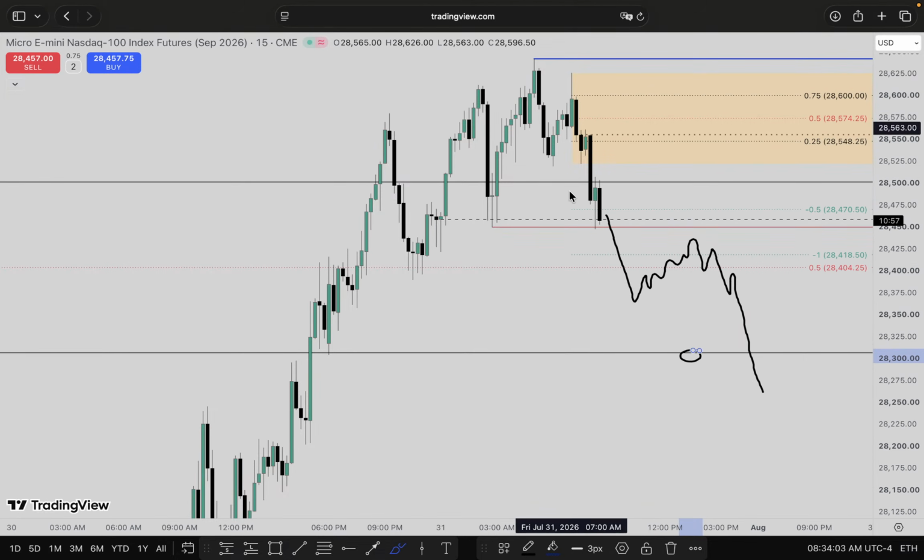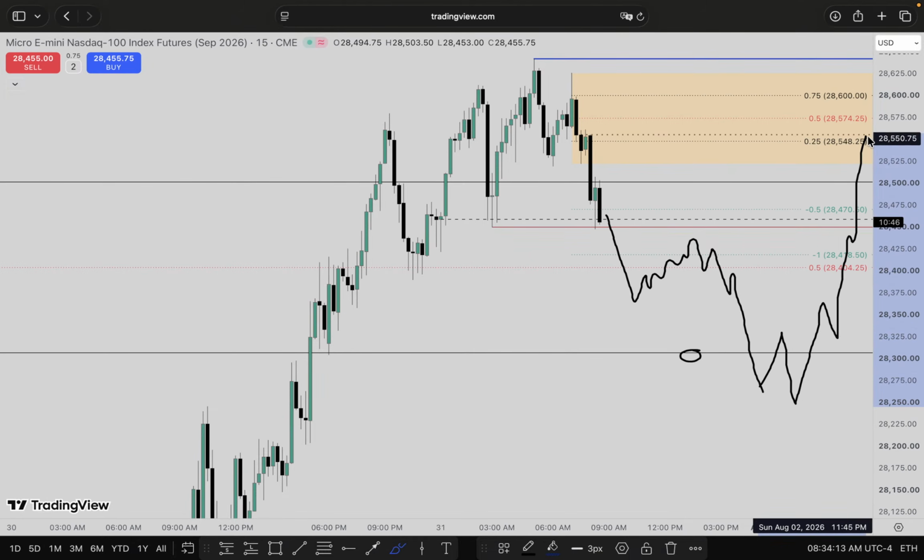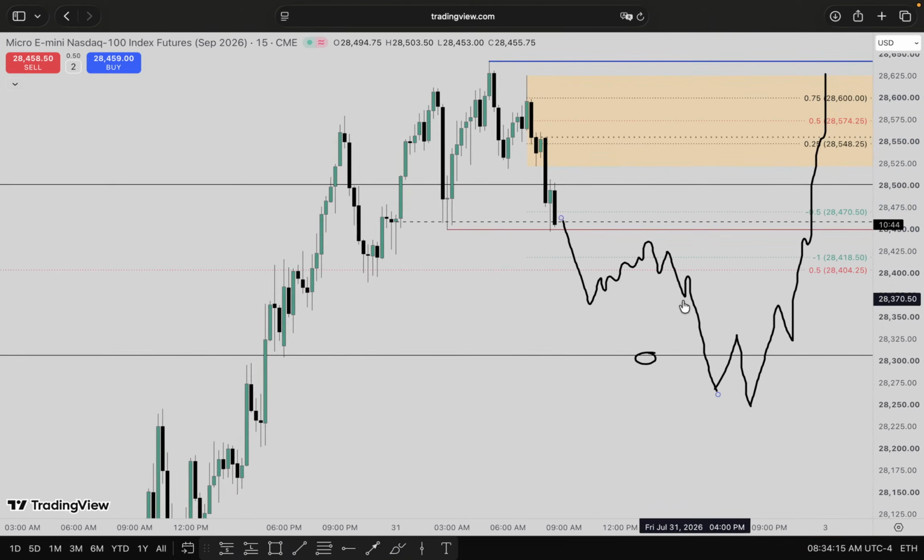And that's what the opening bell could do. It could run down inside of this gap over here, how I got it drawn up, and then probably start pushing up, taking out this new week opening gap low with this bullish fair value gap right here.